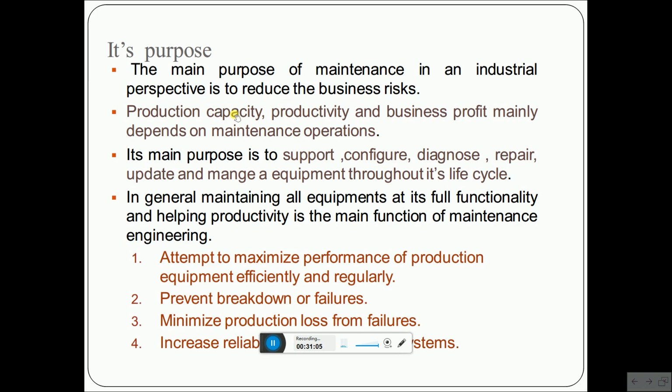The purpose of production lines is to maximize production capacity. I don't want to have any failures in my production line, because if I have a failure, the production line will go down, so I cannot produce as much. It's about building capacity as well, being more productive, gaining more profits.